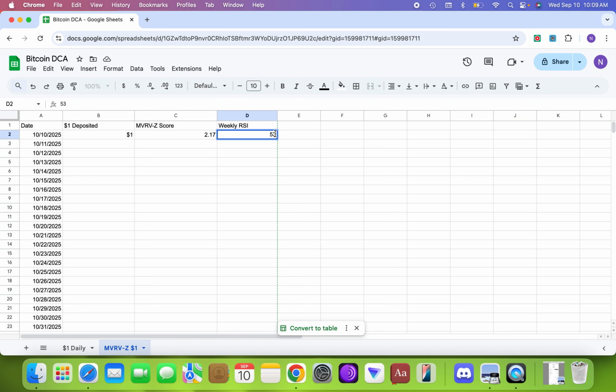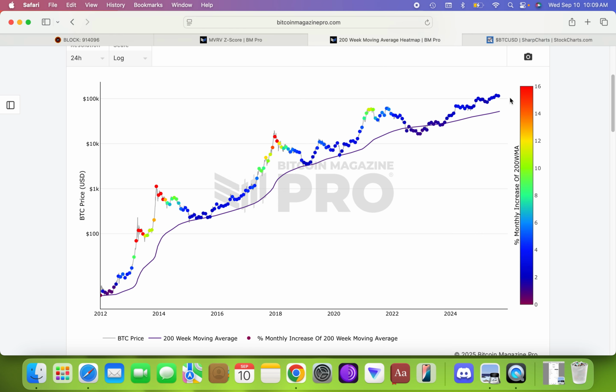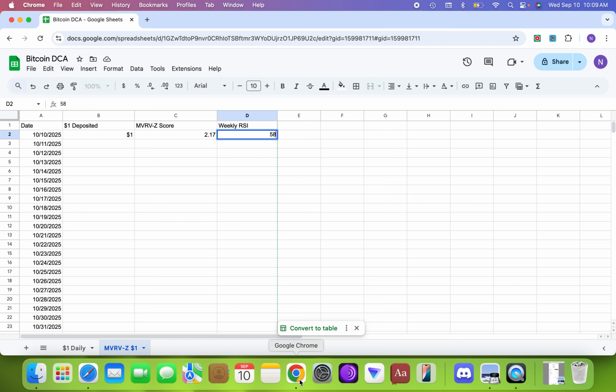And then I'm also going to put the 200-week moving average on here. Let's see. This is a few days behind, so we'll call it 52,268. 200-week moving average. Boom. So there we go.